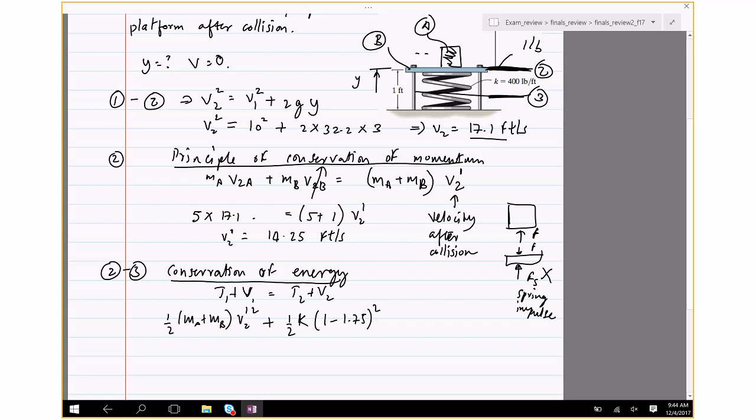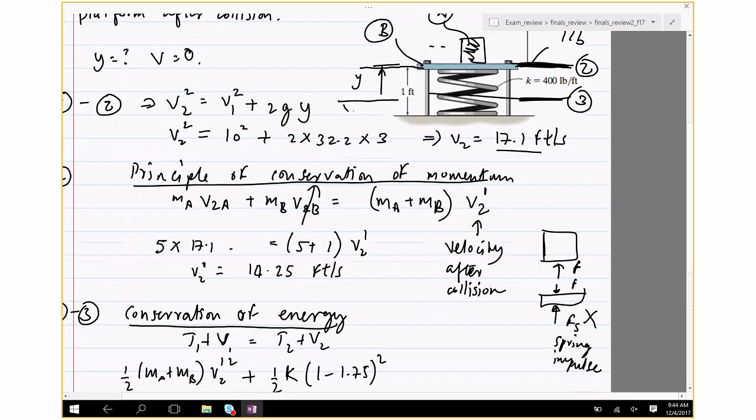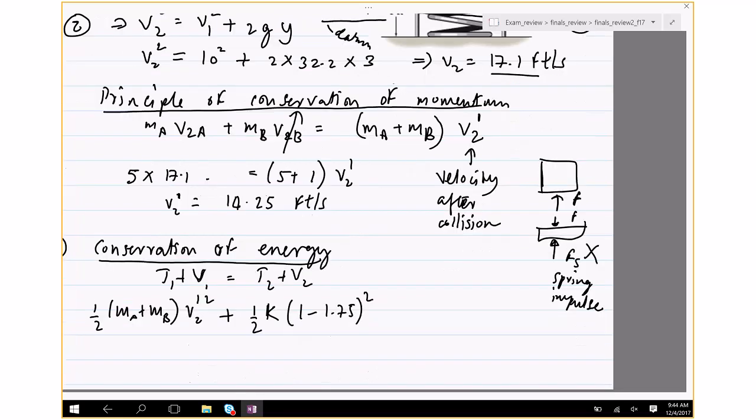So we can choose a datum here, or we can use a datum when it is fully compressed. So let's use that as a datum. So the datum is when the spring is fully compressed. So one of the energies will become 0. You could also use that as the datum.